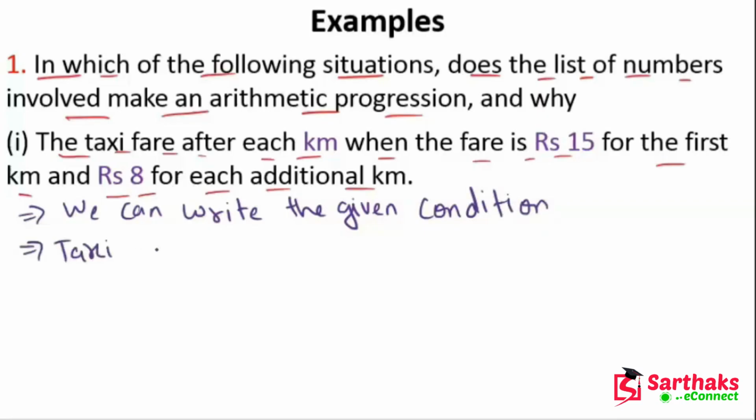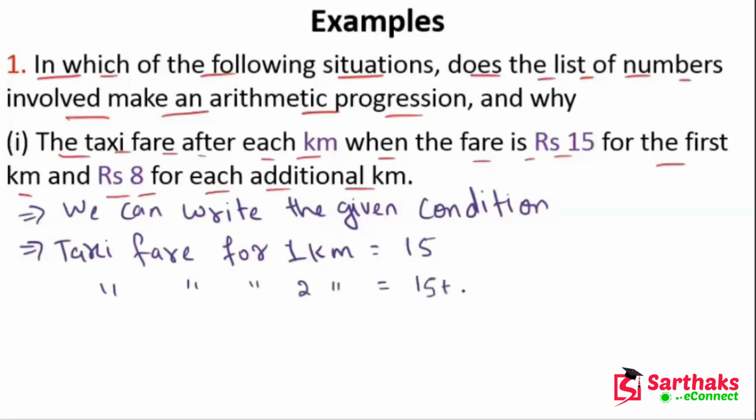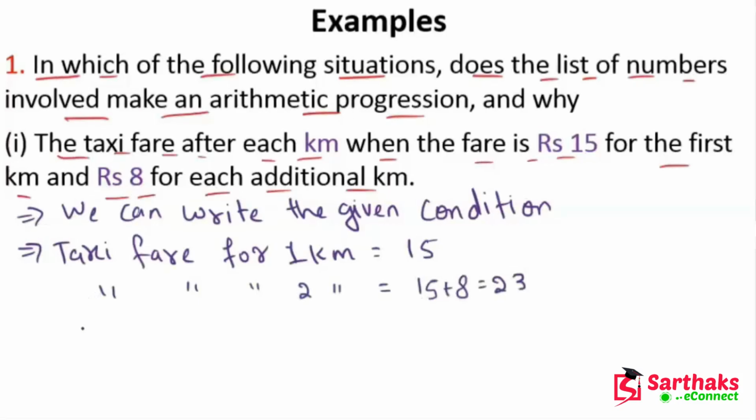The taxi fare for 1 kilometer is 15 rupees. The taxi fare for the first 2 kilometers is 15 plus 8, which is 23. The taxi fare for 3 kilometers is 23 plus 8, which is 31.